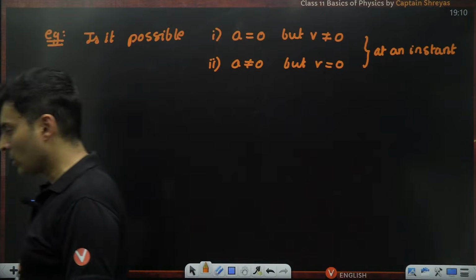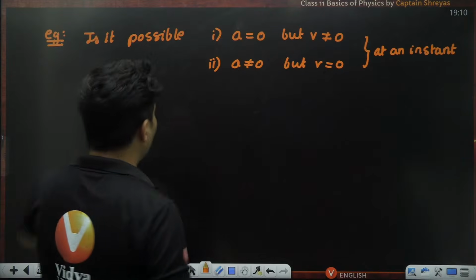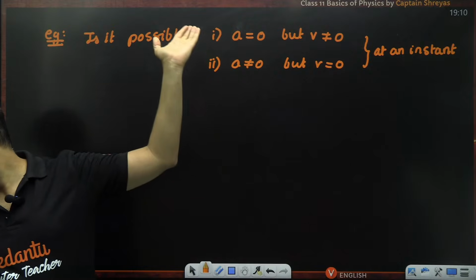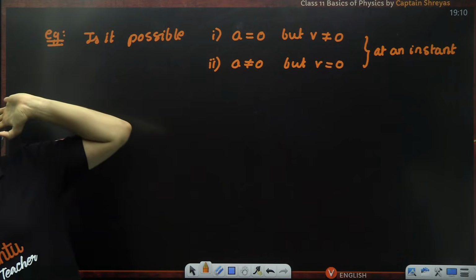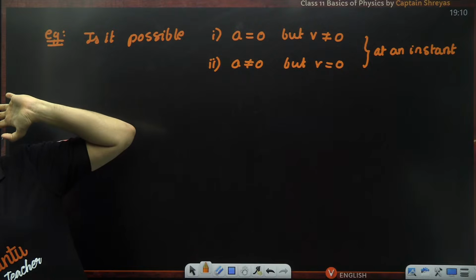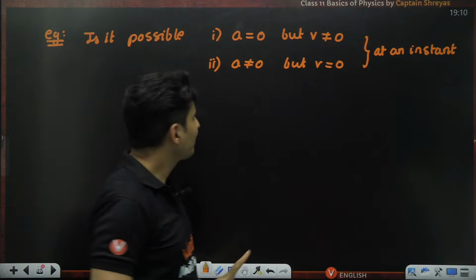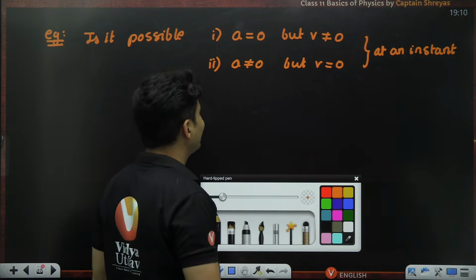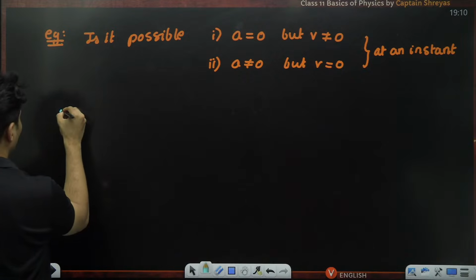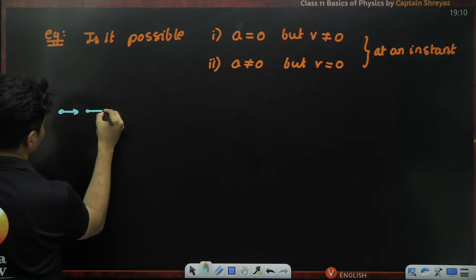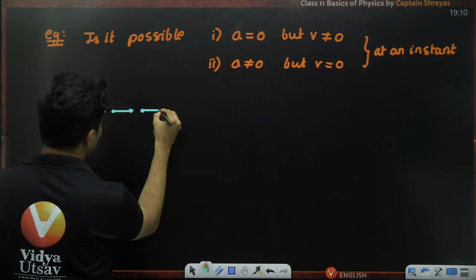Is that clear? So many of you are saying first is possible, second is not possible. Is that true? Okay, let's see. Acceleration is 0, but velocity is not 0. This is 100% possible. I'm traveling with a certain speed and I'm maintaining that speed.